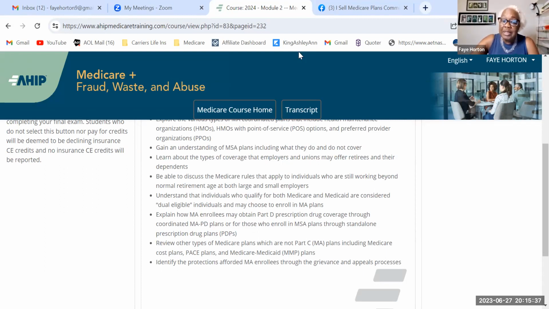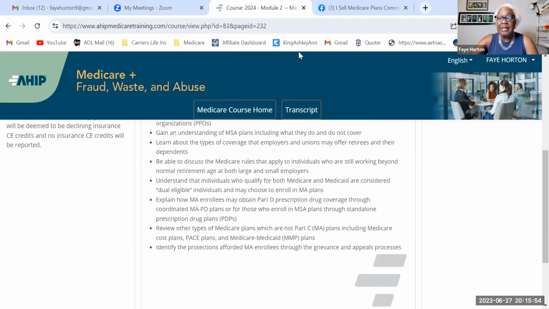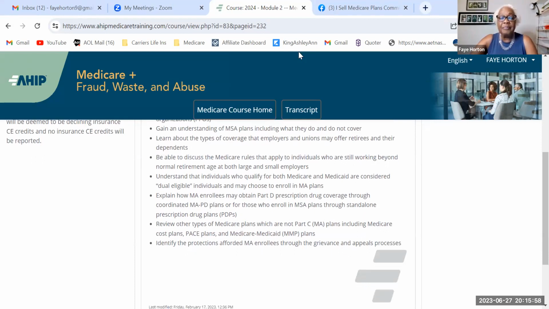You will be able to explain how Medicare Advantage enrollees may obtain Part D prescription drug coverage through coordinated MAPD plans, or those who are enrolled in the MSA plans through standalone prescription drug plans.